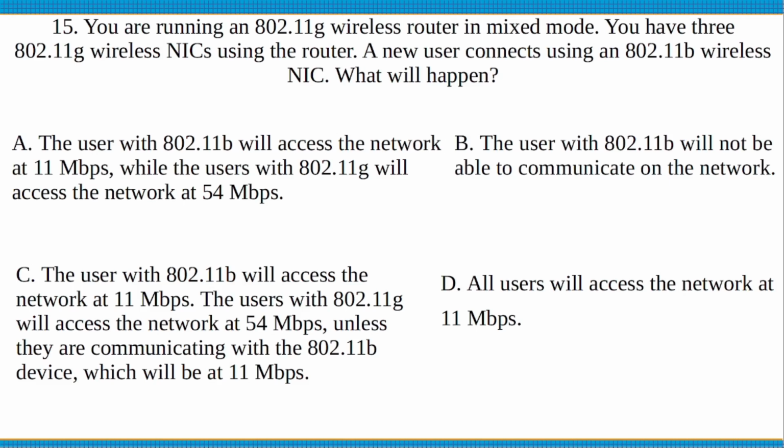B. The user with 802.11b will not be able to communicate on the network. C. The user with 802.11b will access the network at 11 megabits per second. The users with 802.11g will access the network at 54 megabits per second unless they're communicating with the 802.11b device, which will be at 11 megabits per second. D. All users will access the network at 11 megabits per second.